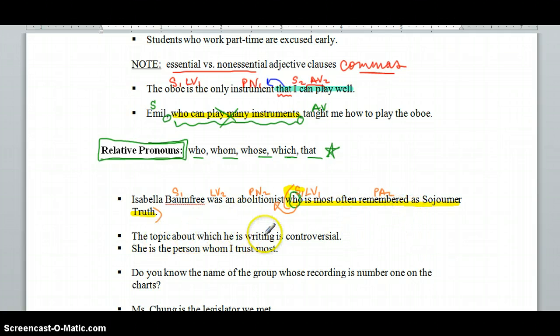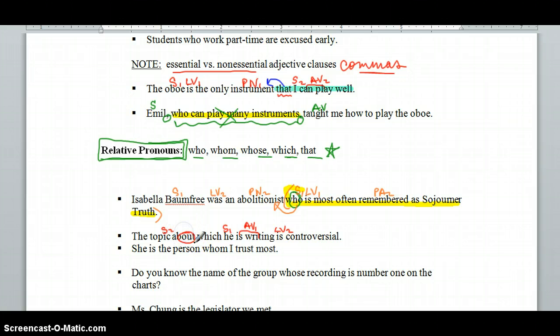The topic about which he is writing is controversial. First verb I find is writing. Who or what is writing? He is. Next one is, again, there's a linking verb. Who or what is? In this case, the topic is.